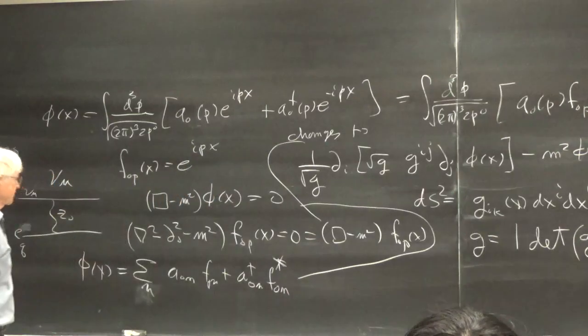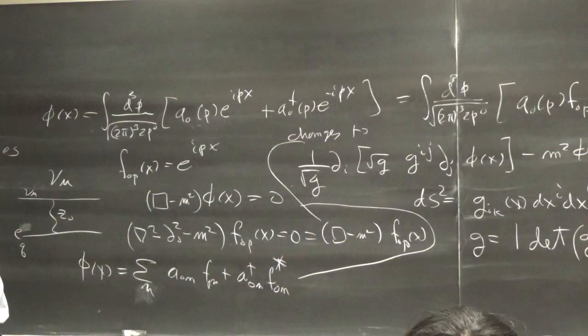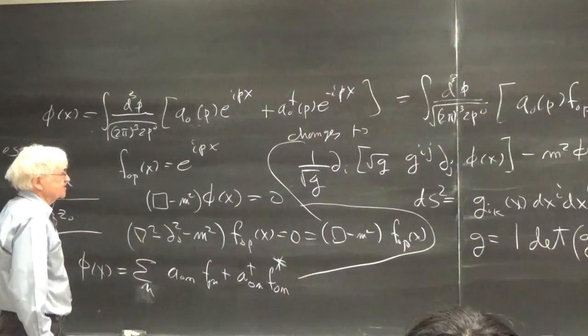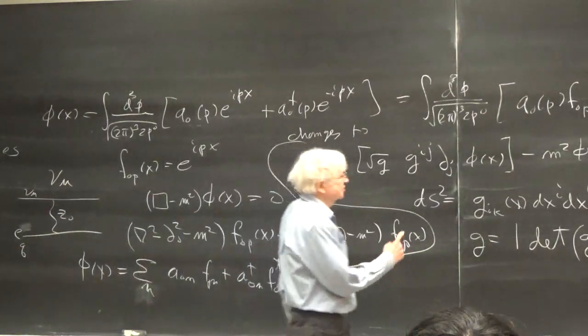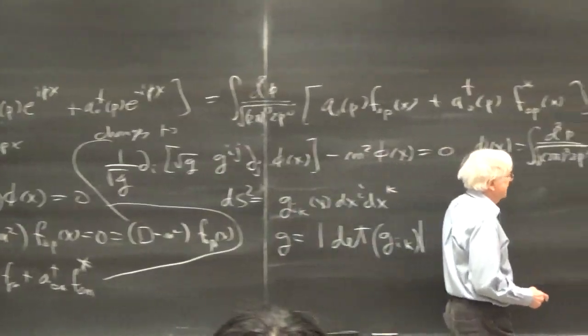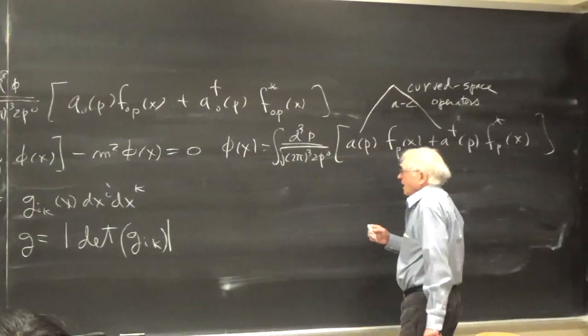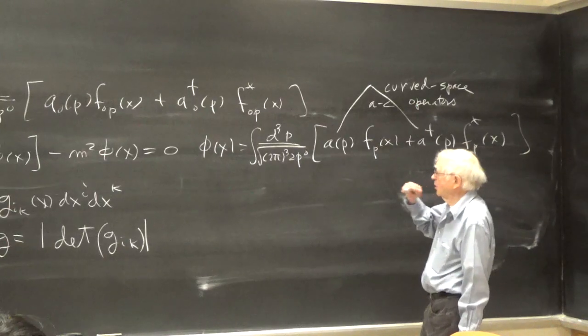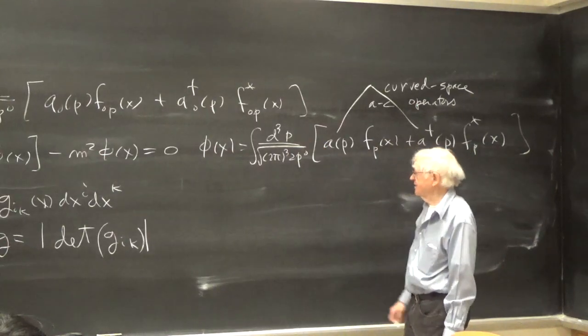So that's what people normally do. I thought it would be clearer to use this notation, but you're quite right. When we go to curved space, one might need to modify this.